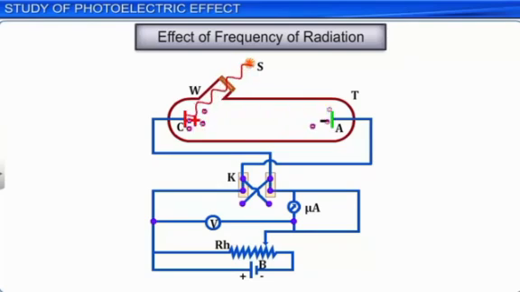This shows that for every metal surface, there exists a certain minimum frequency of radiation called the threshold frequency or cutoff frequency, ν0, lower than which photoelectric emission is not possible, regardless of how high the intensity is.